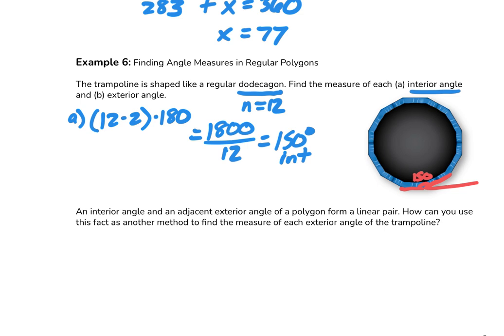The interior angle and the exterior angle will always be right next to one another. So these two angles together must add up to be 180 every time. And so an easy way to find the exterior angle would just be 180 minus 150. And that would be my exterior angle.